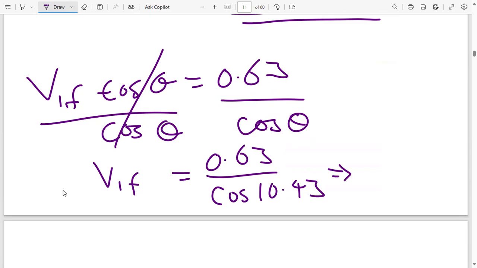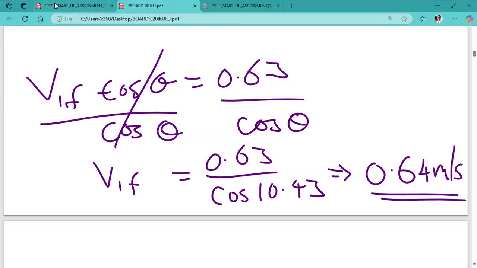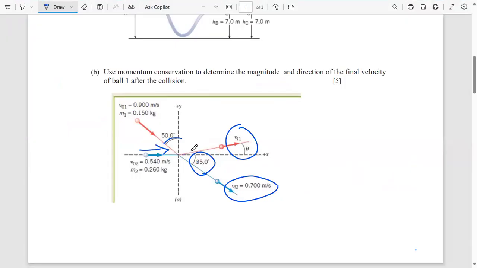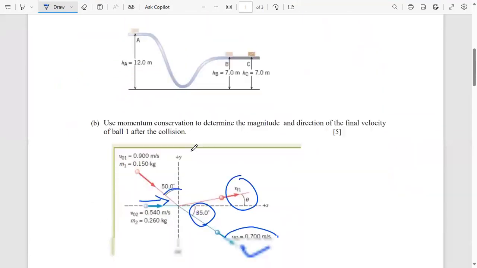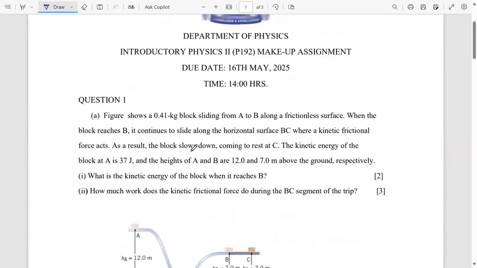This gives a final answer of 0.64 meters per second as the final velocity of ball number 1. So we've calculated both theta and the final velocity of ball number 1. Hence, we are done with part B, and overall we are done with question 1, both part A and part B.